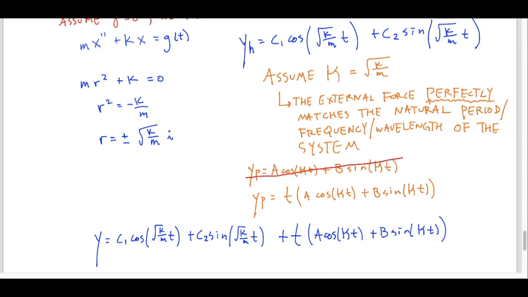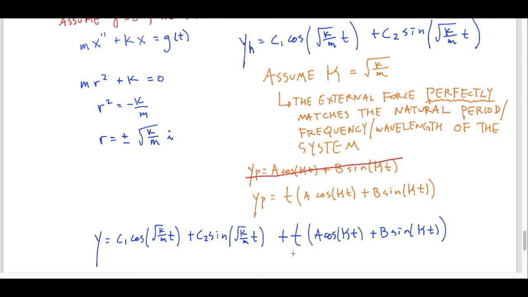here. Now what's significant is that I still have the sinusoidal, the oscillatory behavior that the natural system demonstrated, but this t is acting like a magnifier, a scalar. It's acting like the amplitude on these trig functions.